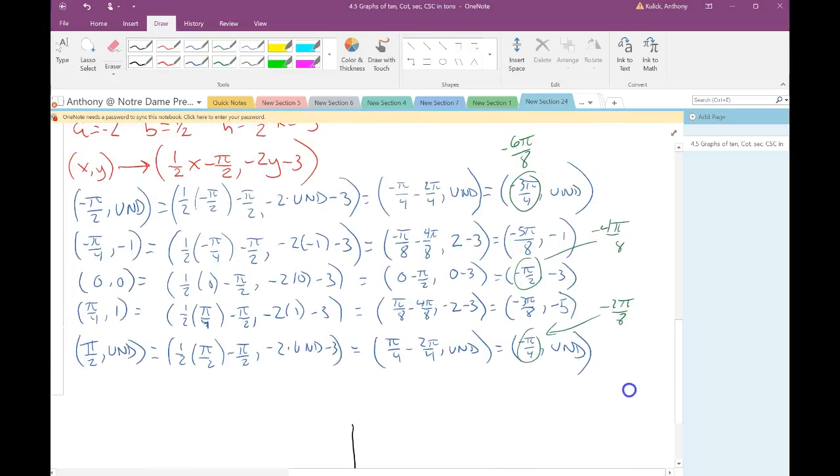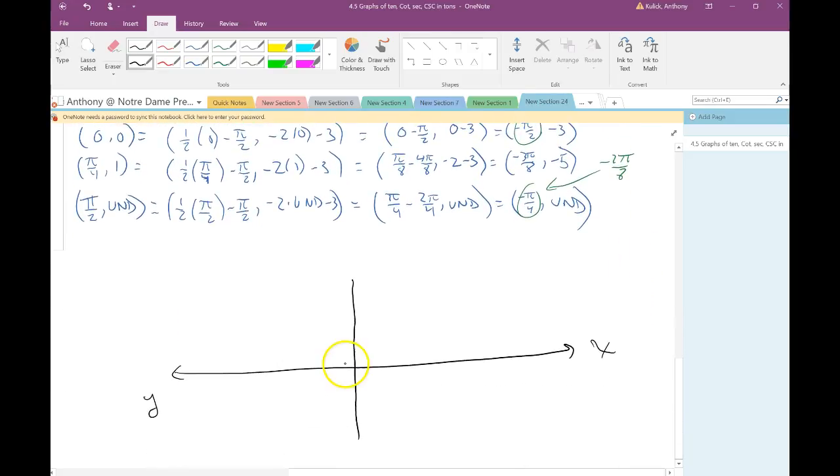So I noticed that all my x coordinates are negative, so I'm going to start in that direction.